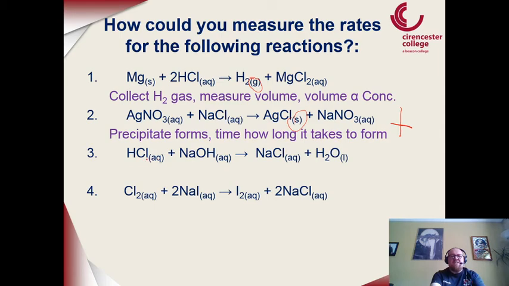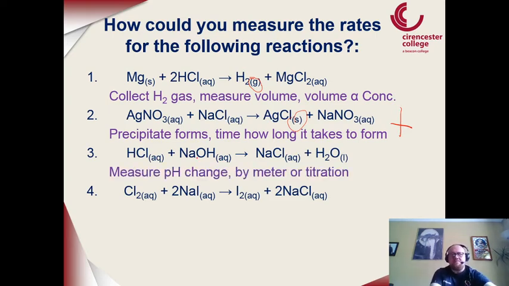If we think about it, actually we could follow this reaction by looking either at the pH, or we could look at the concentration of these things by titration. So measure the pH change by meter or titration. This reaction does actually happen pretty quickly, so we wouldn't expect that to change very much, but there are going to be some other acid-base reactions which do take a while to happen.